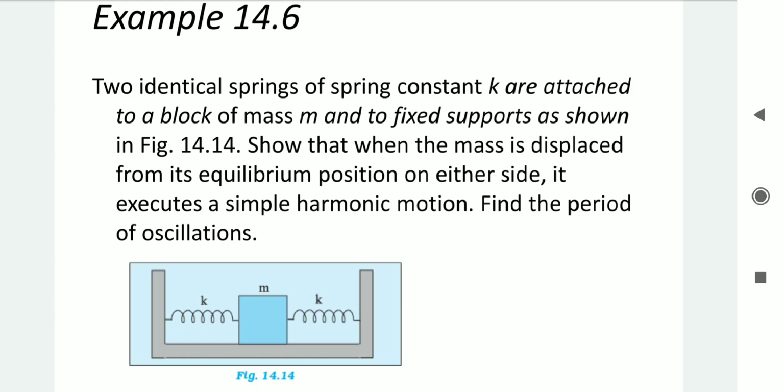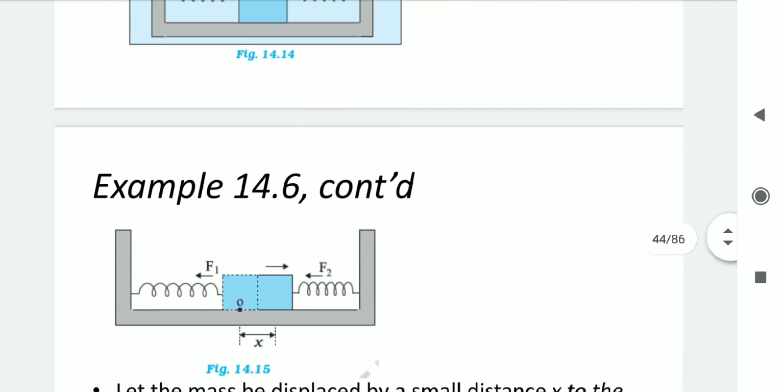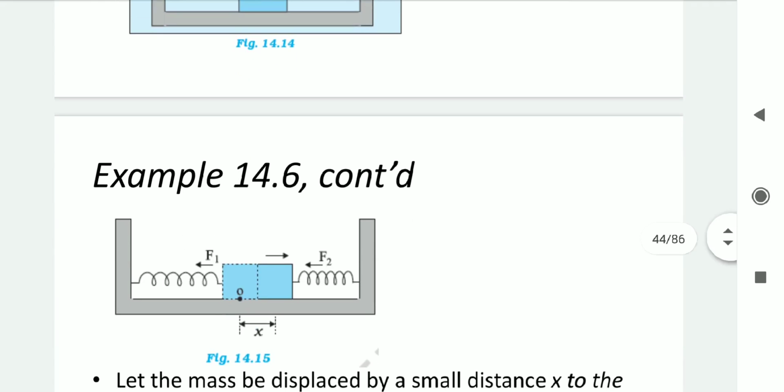So force is developed on both springs. Here we can see in the diagram that the first spring is elongated and the second spring is compressed by the same length x.